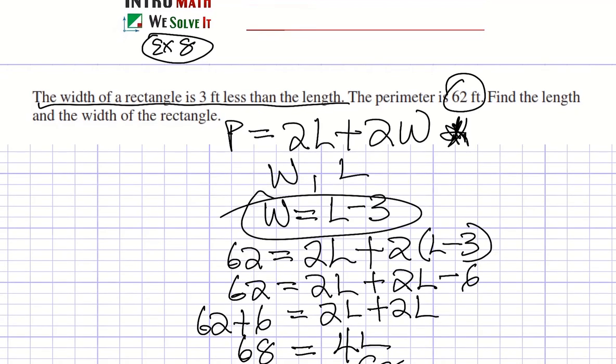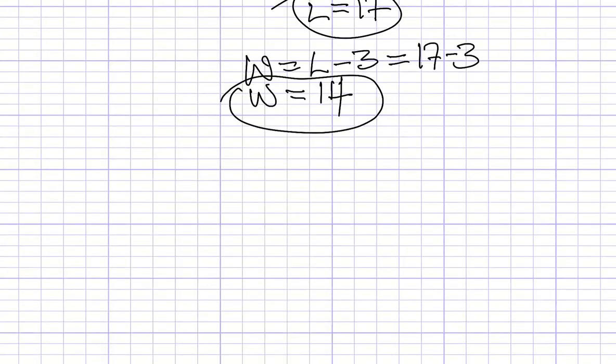You can check this. One way to check it is to use the perimeter, 62. That's what they gave us.